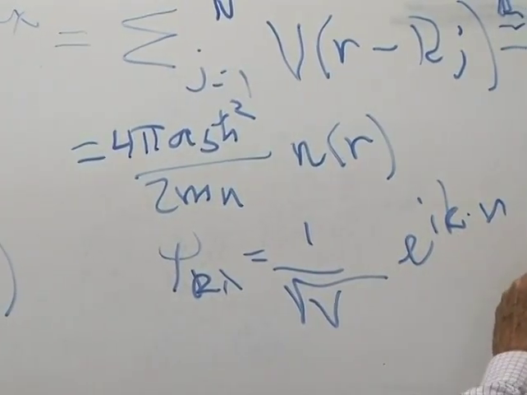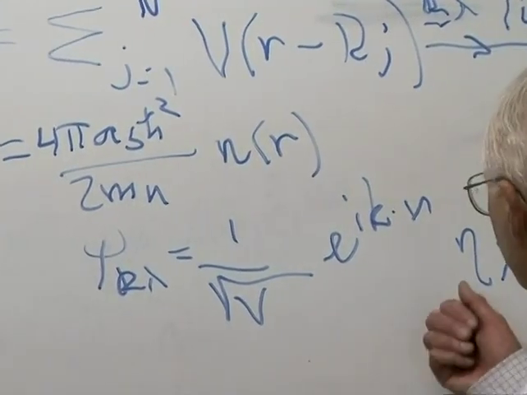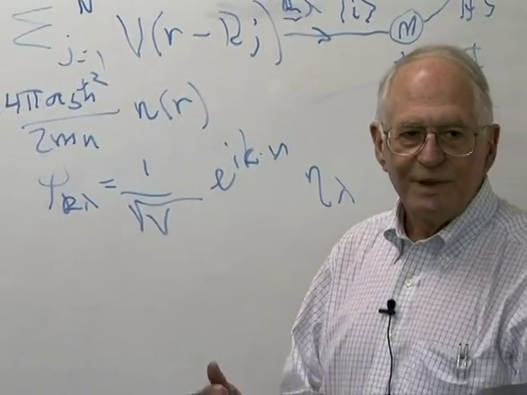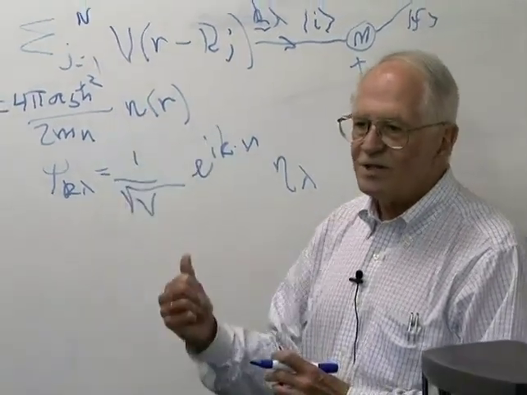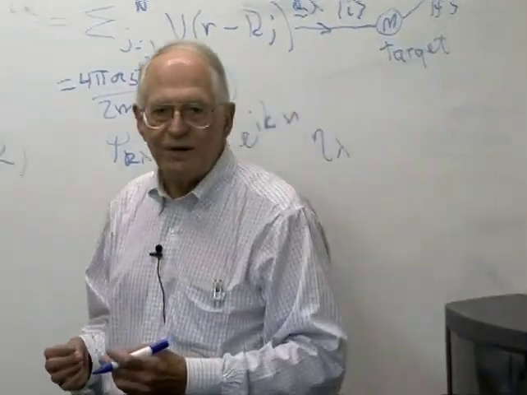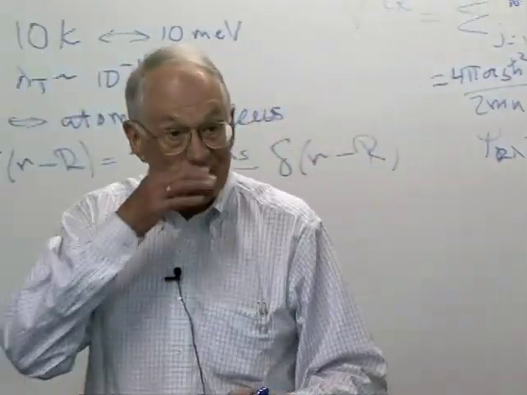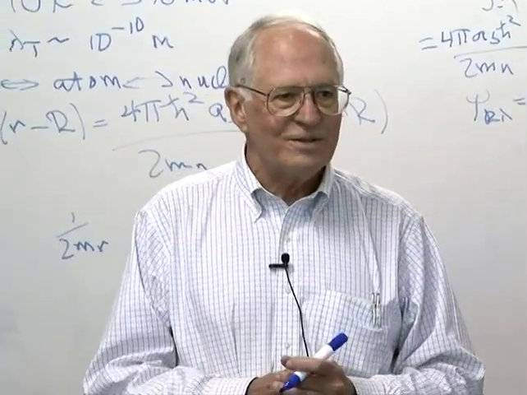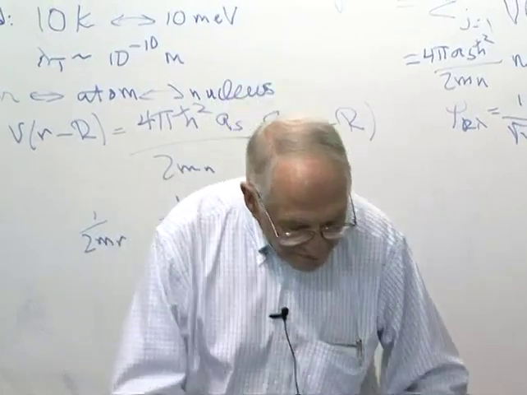And then we get a neutron spinor eta lambda, which is a two-component object that tells us about the spin state of the neutron. If you use up and down, this would be (1, 0) and (0, 1). But it could be anything. They could be polarized in any direction. We're going to average over them because you don't really measure them. But to get the factors right, you have to be careful about all these different states.